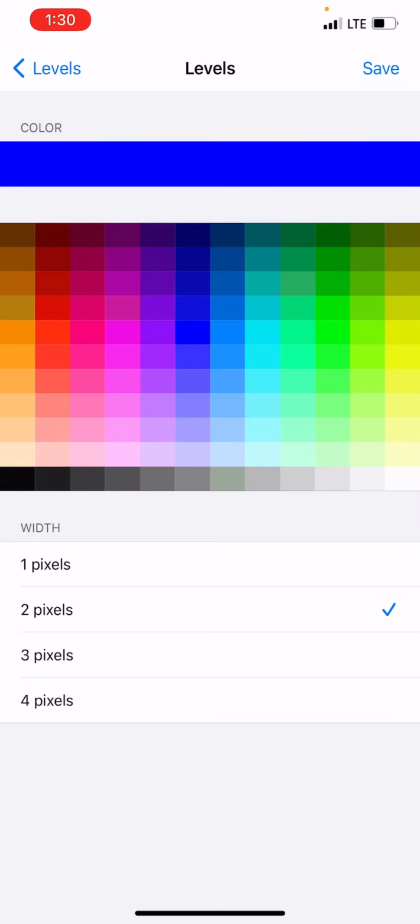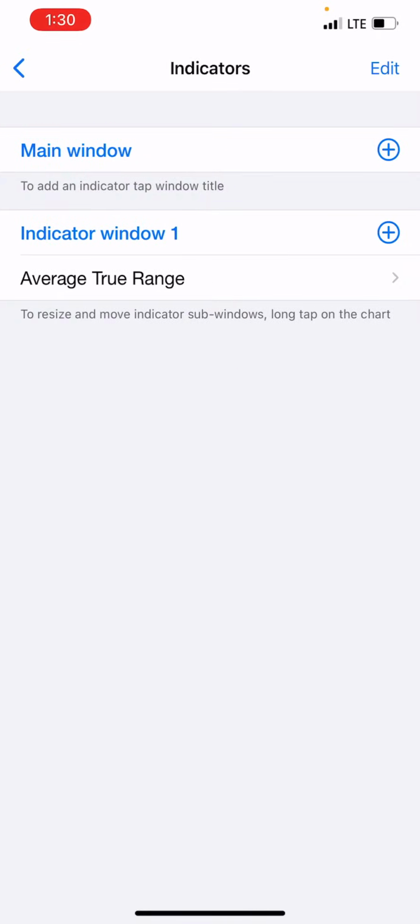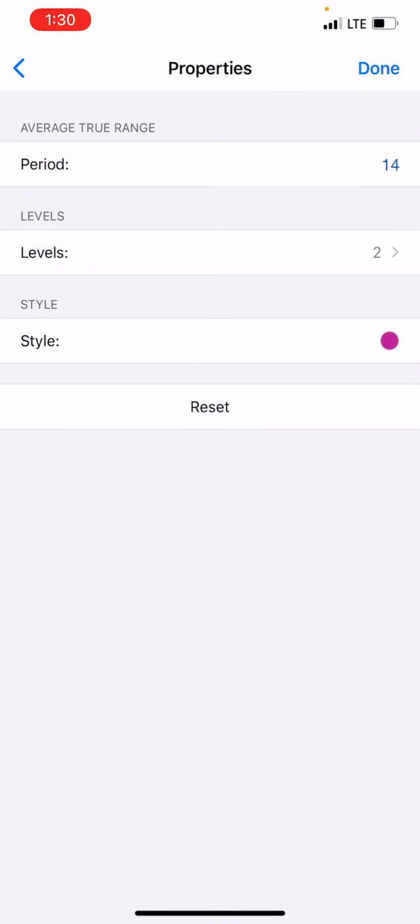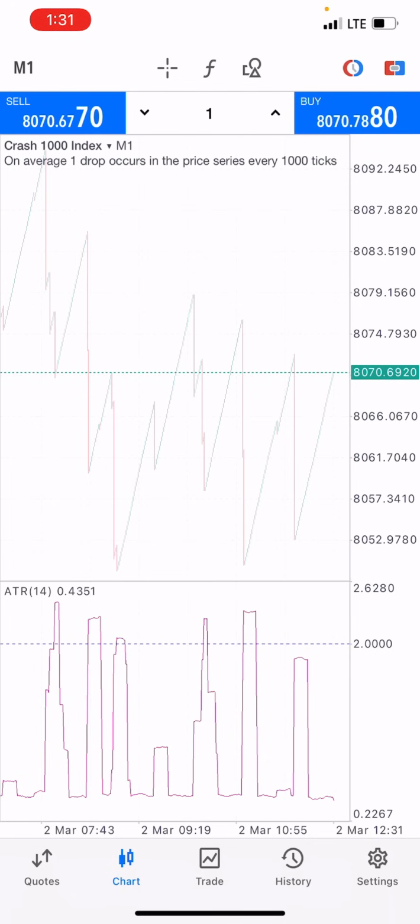The color, make it green, blue, as you can see. Click save and click done. You see that, guys? Okay, I didn't explain the style. The style, you can use this color and make it 1 pixel. You save and you're done. Simple strategy, just like this.